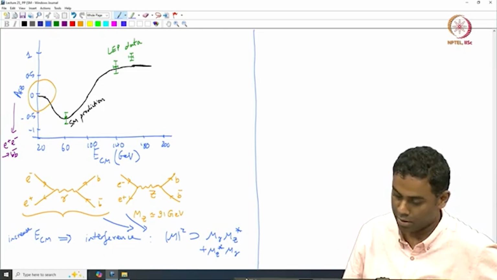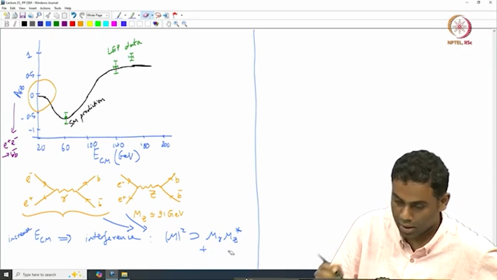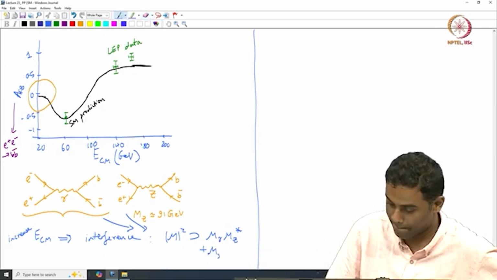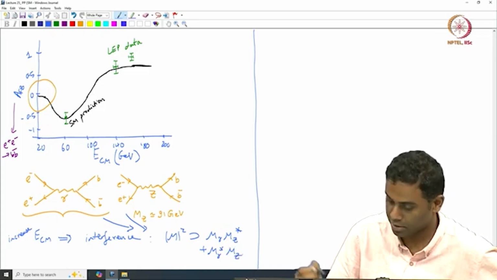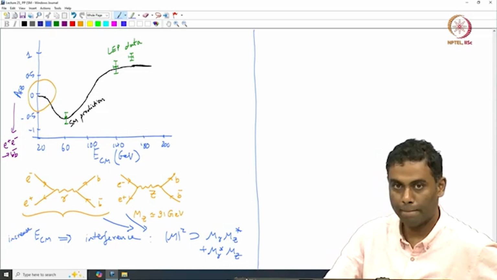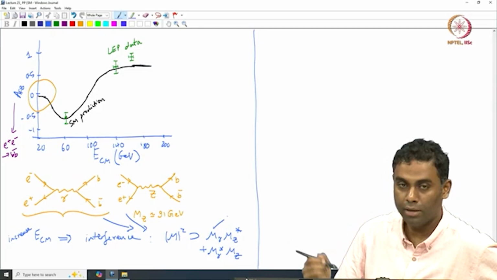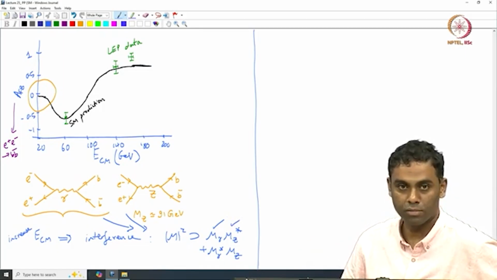Sorry, not a prime, I'm writing this slightly wrong. M_gamma M_Z star, sorry, not prime, where star is the complex conjugate. So you have interference between a QED amplitude and some other amplitude involving the Z boson, which is a little more complicated.